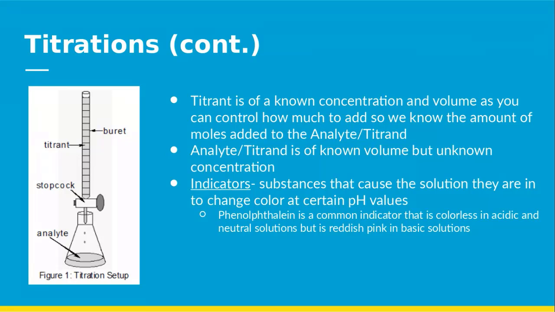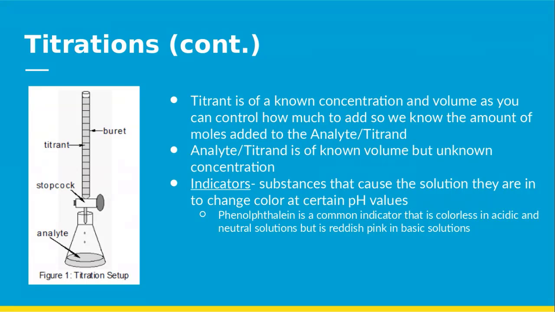So what we're going to do is slowly add our titrant, or standard solution, into the analyte until we have a color change. We often find that color change using an indicator, a substance that causes the solution to change color at certain pH values.